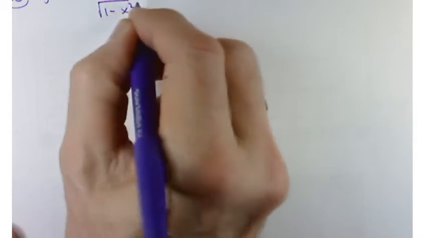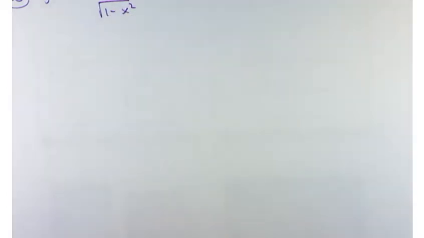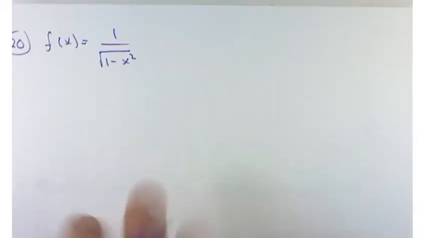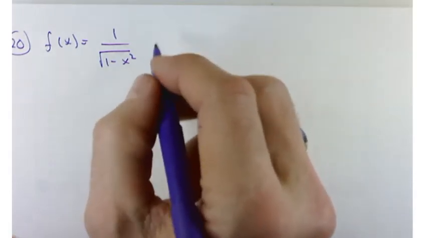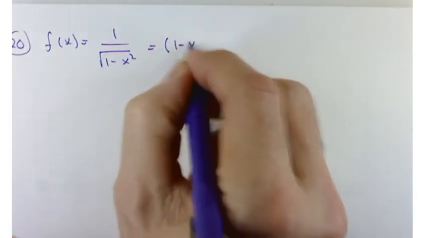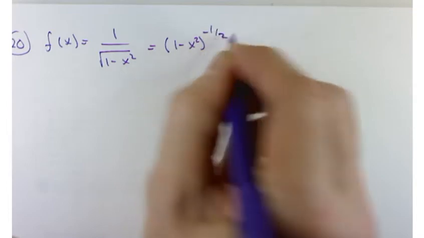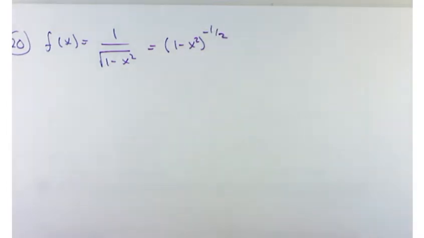I want a series for f of x equals 1 over the square root of 1 minus x squared, which of course is 1 minus x squared to the minus 1/2. Does anyone see a problem that we're going to run into here trying to find a series for this? What's different about this one as opposed to the last couple problems?